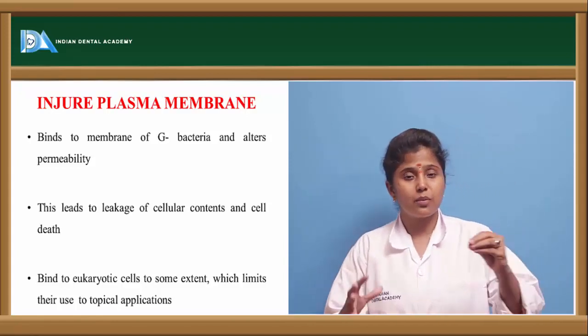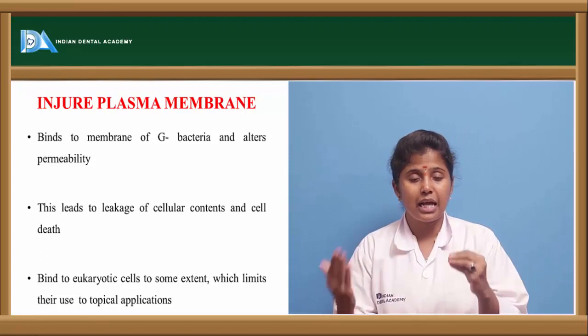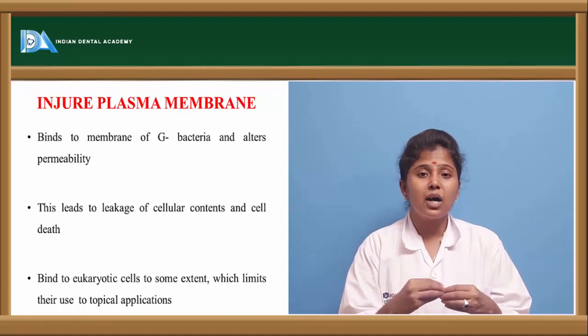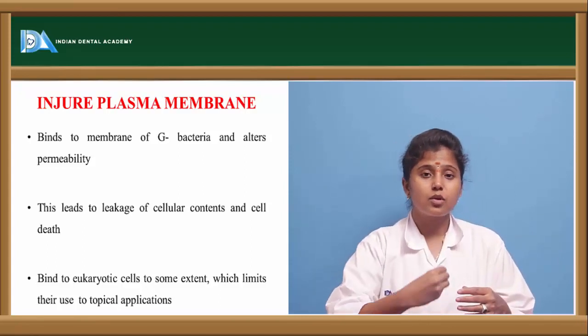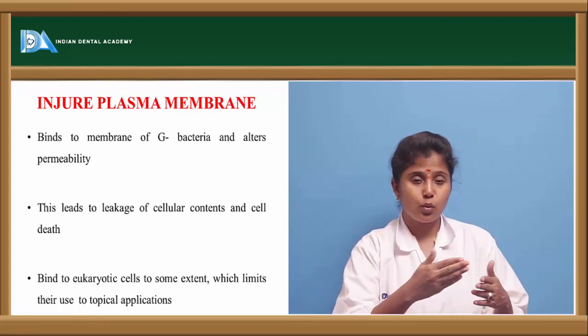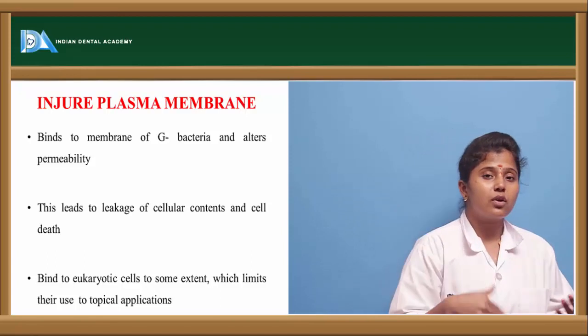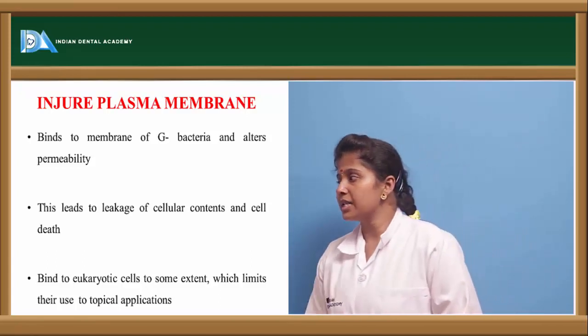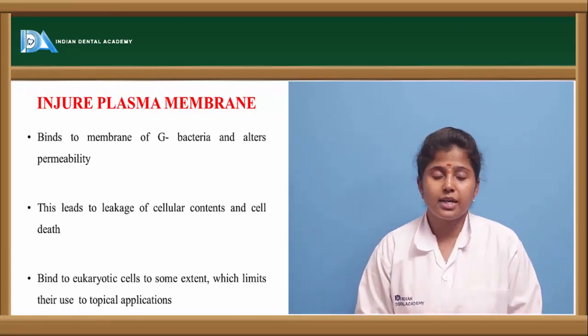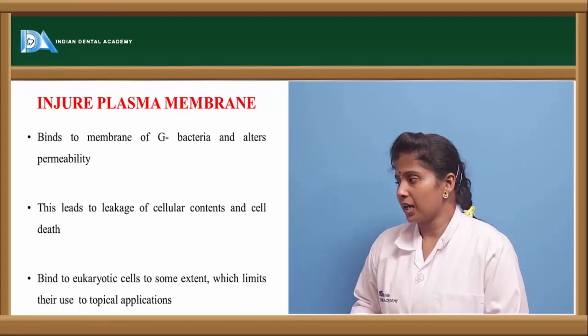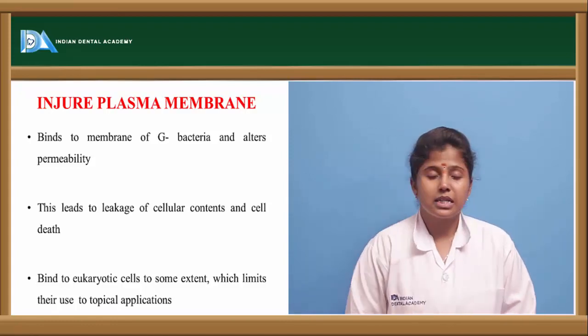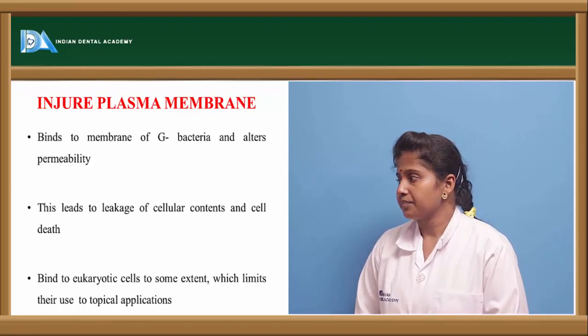They won't allow other compounds to diffuse, so the cell contents cannot move through the cell properly. This leads to the leakage of cellular contents, and thereby cell death occurs. It also binds to the eukaryotic cell to some extent.